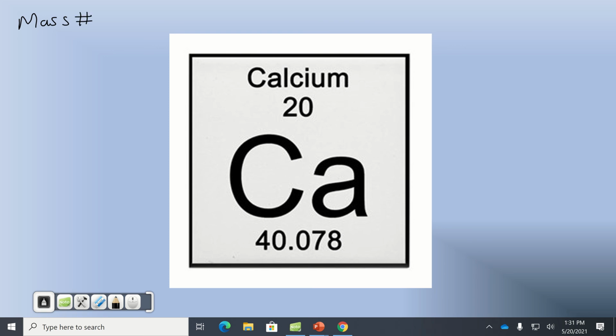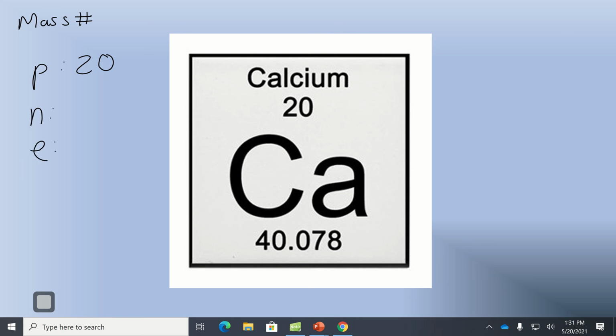Okay, so I can figure out the number of protons is 20. But how would I figure out the number of neutrons and electrons in this? All right. At this point in time, we are going to assume that all elements are what's called electrically neutral. All elements are electrically neutral.